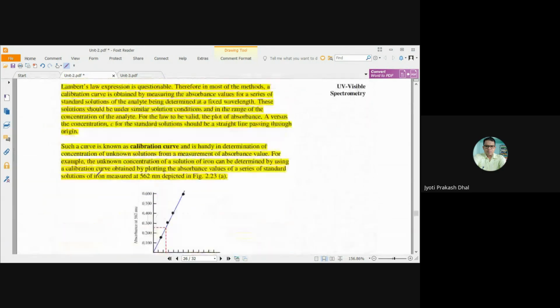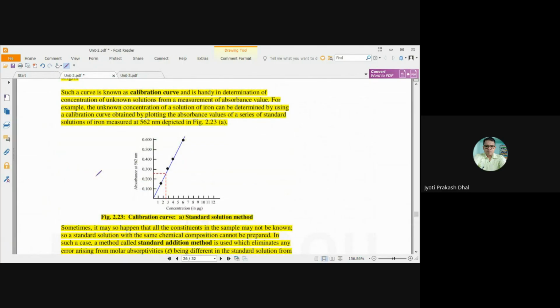During quantitative analysis, first you have to prepare the calibration curve. In the calibration curve, you take standard solutions and then the sample to be analyzed. Suppose one sample of unknown concentration is there. In order to know its concentration, first you take known concentrations of the same sample at different concentrations.